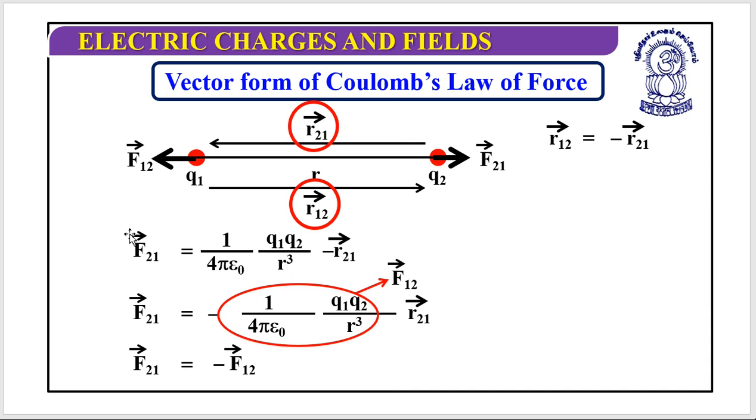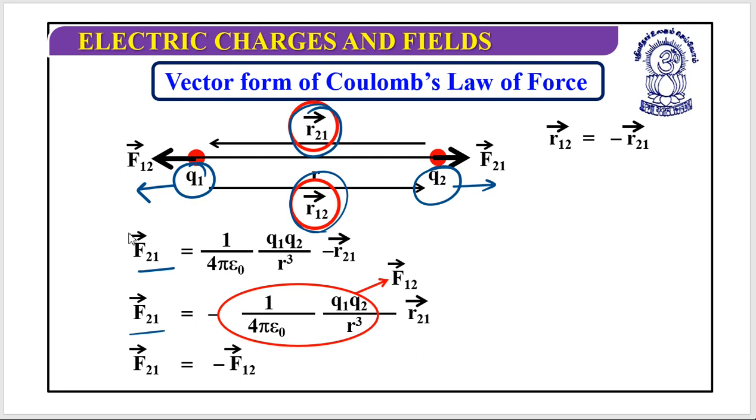So as I said, they are the action reaction pair. Look at this. This is F21, the force applied on the first charge due to the second. This F12 is the force applied by the first charge on the second. So I have written F21 and F12. Both have different directions. Force on the first acts in this direction, force on the second acts in this direction.